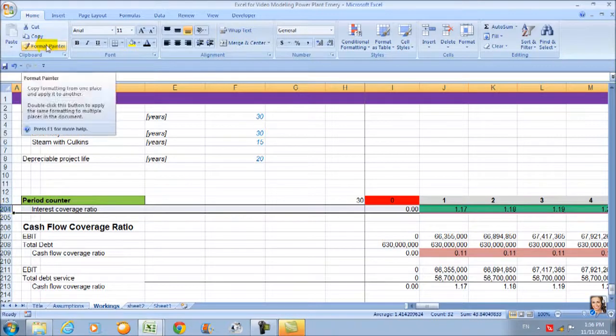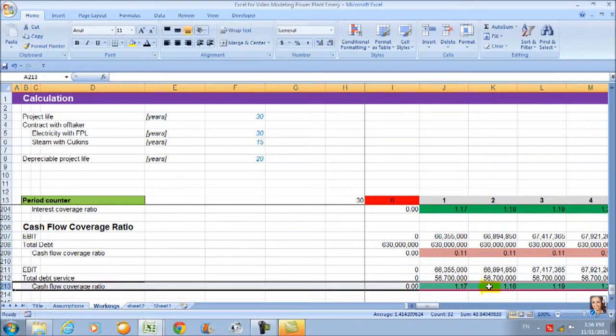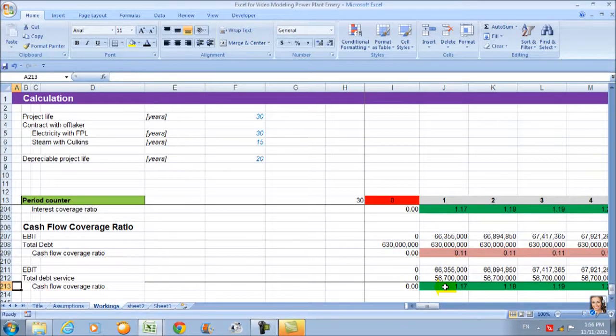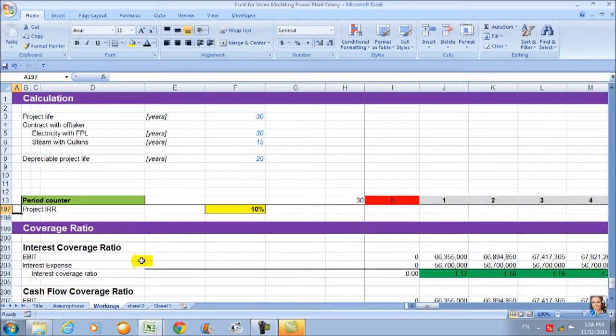So I just, is this format painter? Yes, I think it's a format painter. Okay, so you have, not too bad, I think, in terms of the payment of the interest and debt. You still can make it. Okay, now we have to go to the equity.